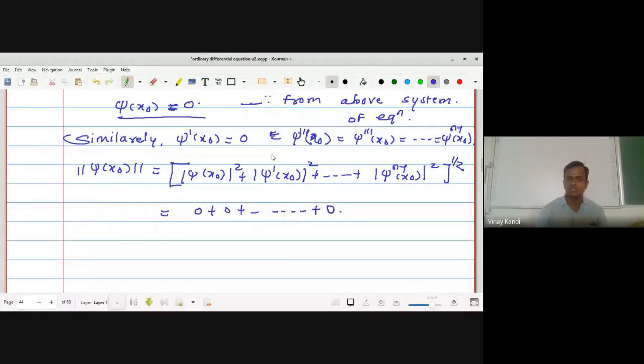Okay, from these equations, here we get 0. So this is the norm of psi of x naught.